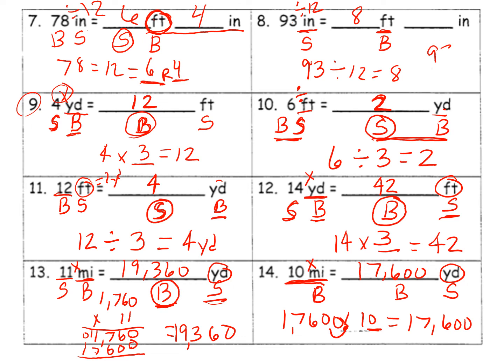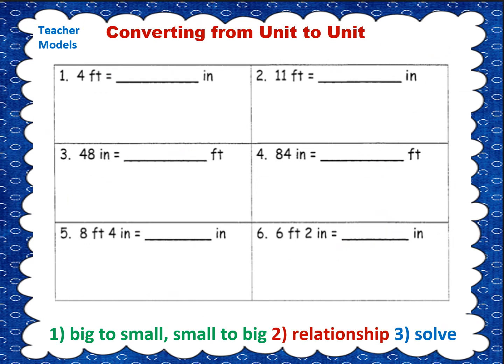And then 93 minus 84 gives me 9 inches left over. So 8 feet, 9 inches is the answer there. All right? Okay, good. Get some more practice.